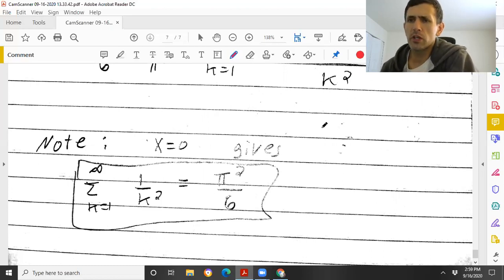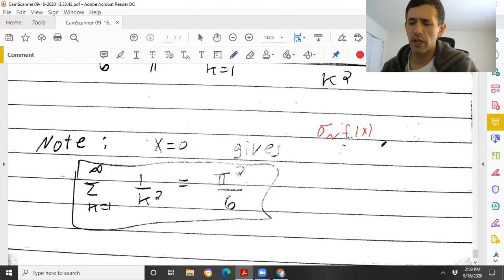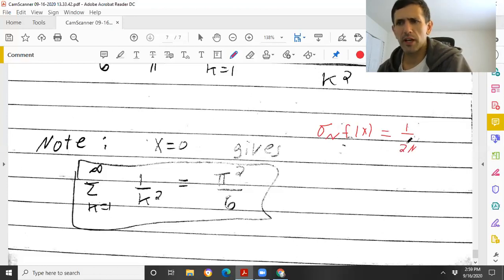So what we're going to do is define the partial Dirichlet series, sorry, not Dirichlet, partial Fourier series associated to F, and it's going to be the average, sorry, I got to move this over. It's going to be the average of the partial Fourier series.